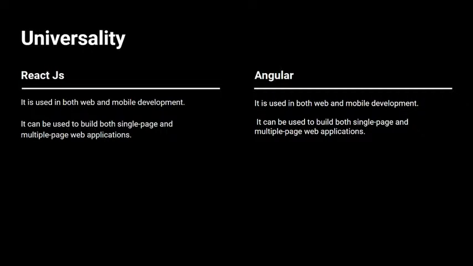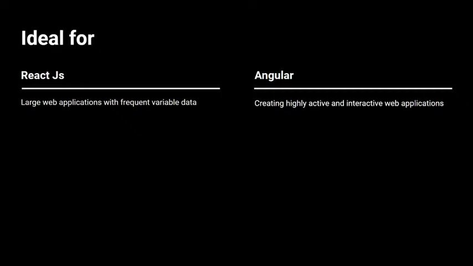Even React.js can be used directly in mobile development using React Native, and Angular works easily with Ionic. Even Ionic also supports React.js. So both have clear scope in web and mobile development.